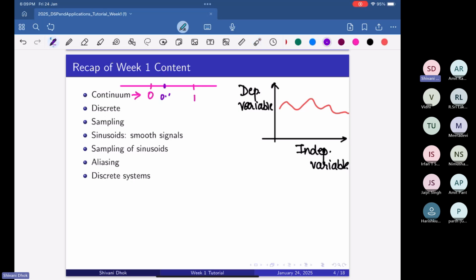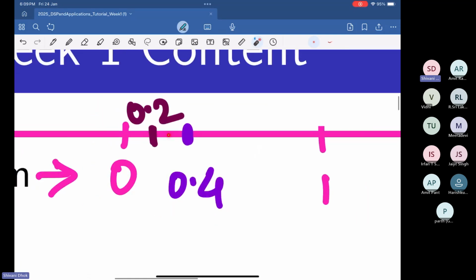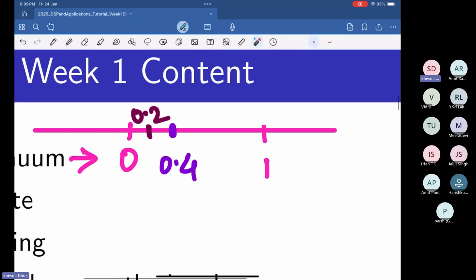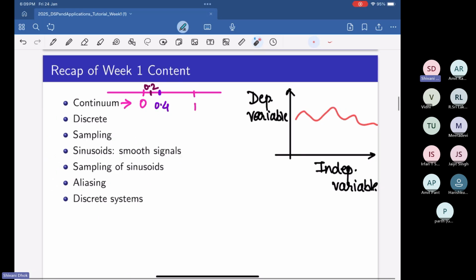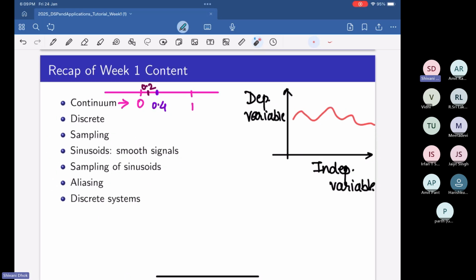Let's say this is 0.4, which is closer to 0 as well as 1. Similarly, I can find another value, let's say 0.2, which is between 0 and 0.4. So whatever small point we want to figure out between these two, we will be able to find a number between those two values which is closer to both of them. So this is basically continuum.